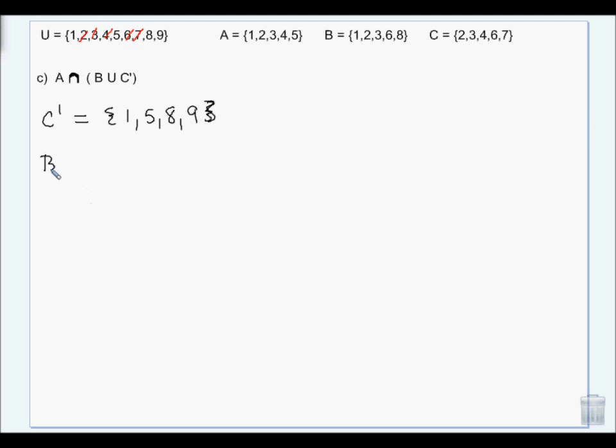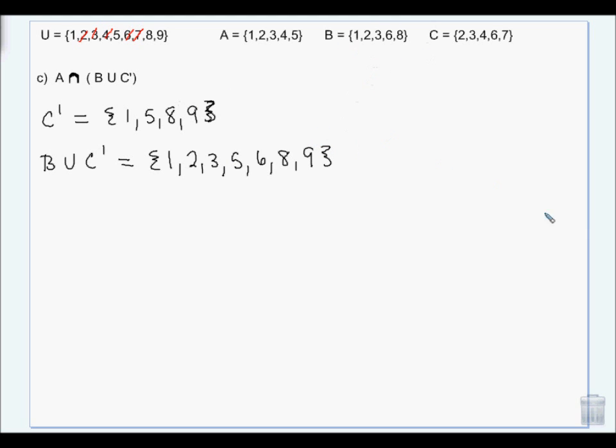So then if I unite that with B, B is 1, 2, 3, 6, and 8. So they both have a 1. I have 2 and 3, 5, 6. They both have an 8, and then a 9. So this is all of the elements in C prime and all the elements in B.